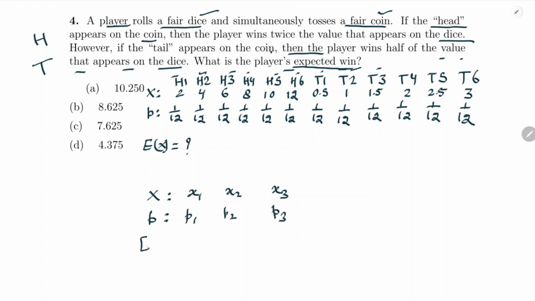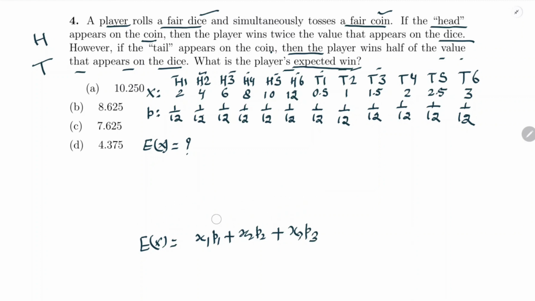Then how do we calculate the expected value of x? We multiply x1 with p1, x2 with p2, x3 with p3, and then take the sum. That means multiply the values of x with the corresponding probabilities and then take the sum.